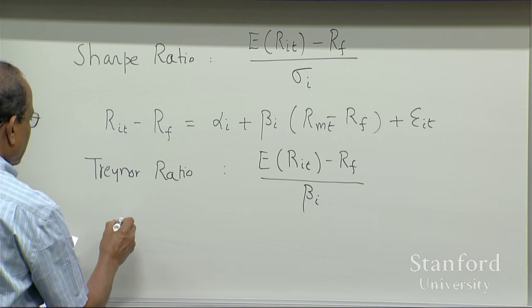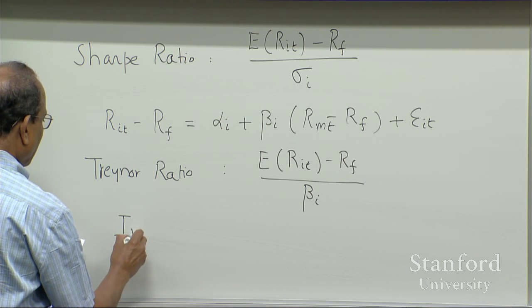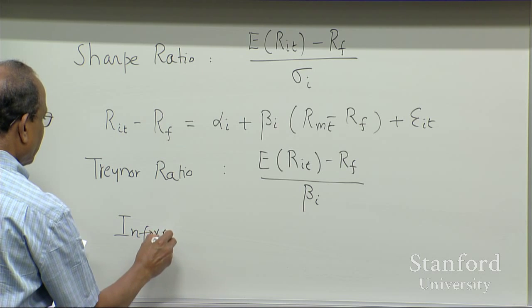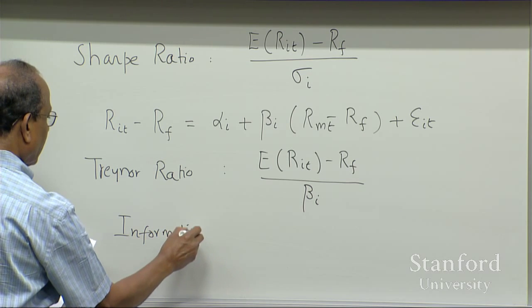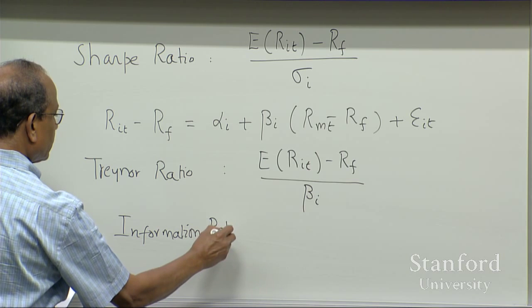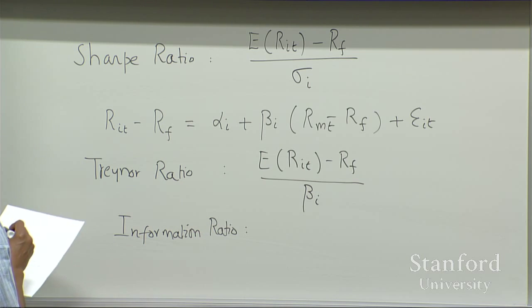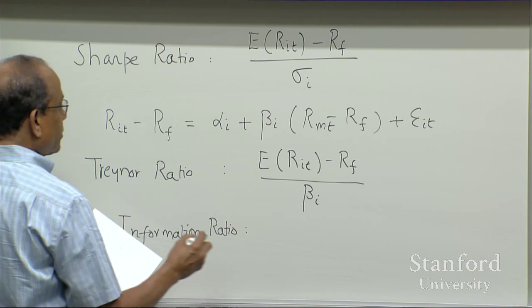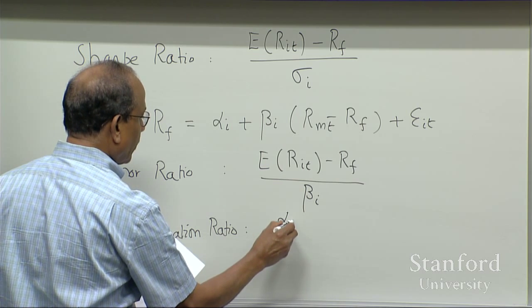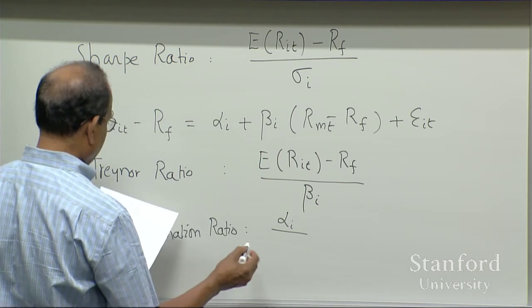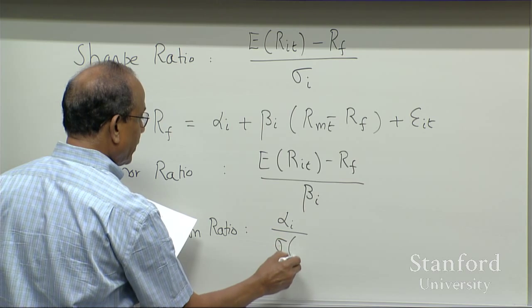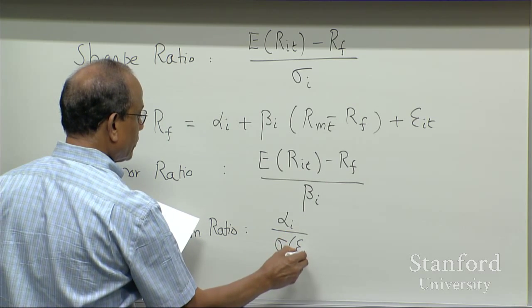There is also another one people look at. This is the information ratio. It is given as the constant alpha_i divided by the standard deviation of the error term.